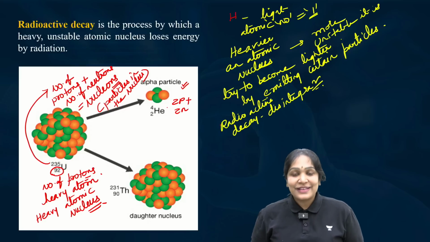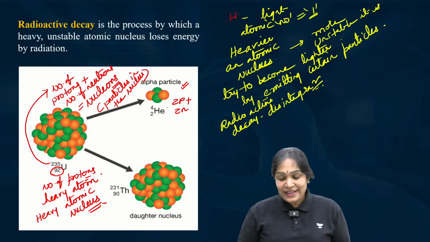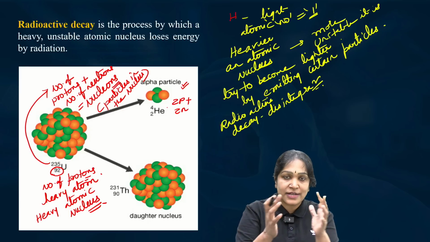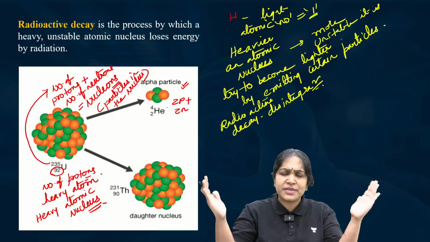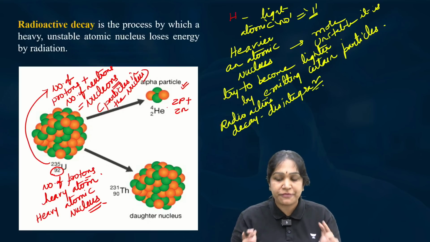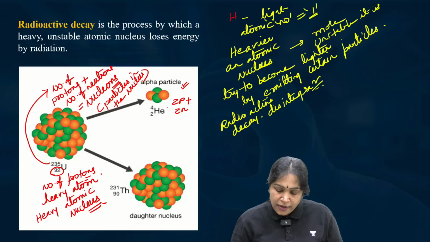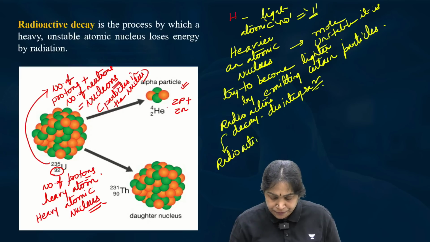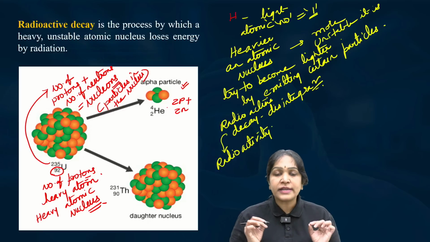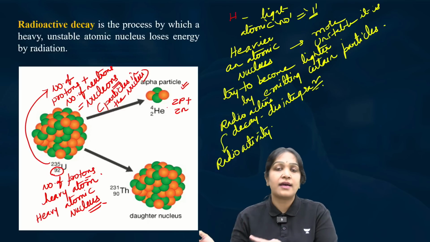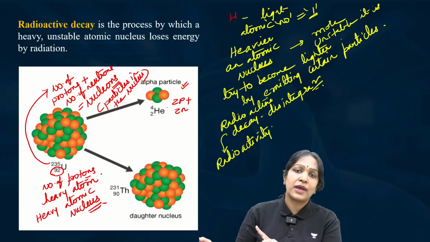So that is how the disintegration or becoming smaller works. It is not increasing in size, it is becoming smaller, lighter, lighter, lighter. That is called radioactive decay, which can also be called radioactivity. What type of elements are radioactive? Heavier atoms are radioactive.